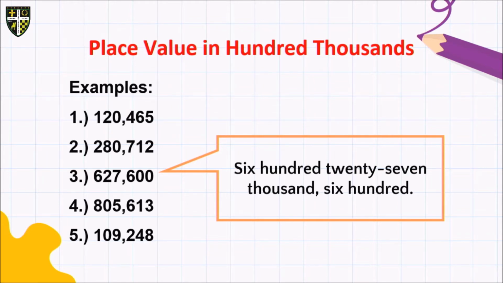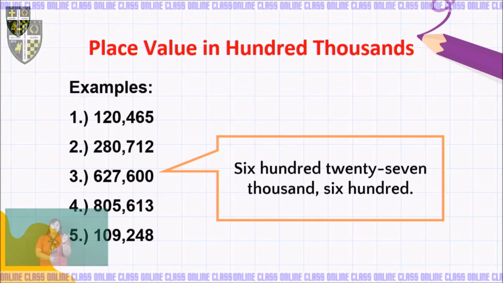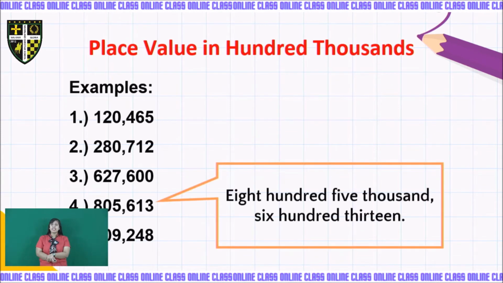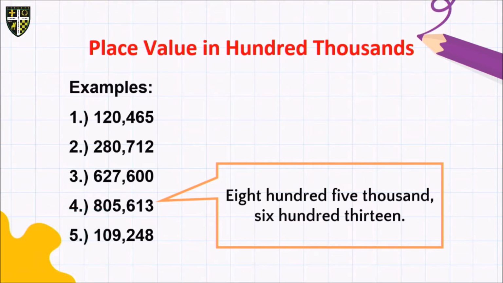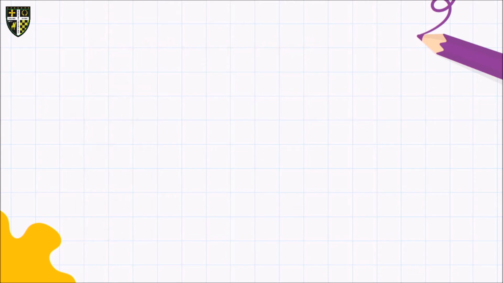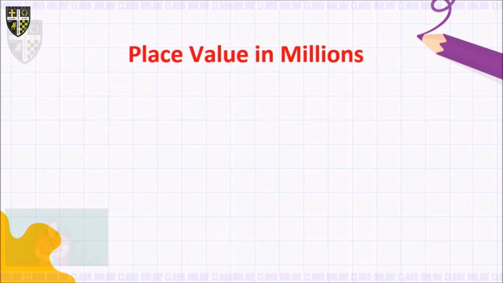Again, 27 should have a dash. The next one is 805,613. And lastly, we have 109,248.